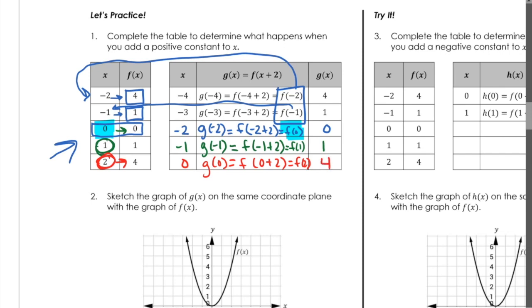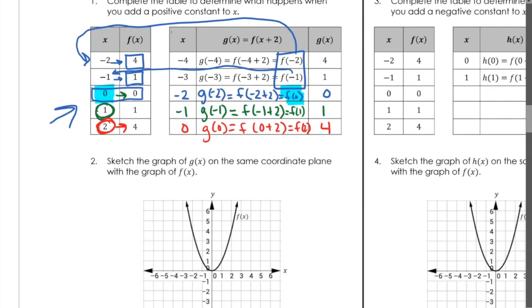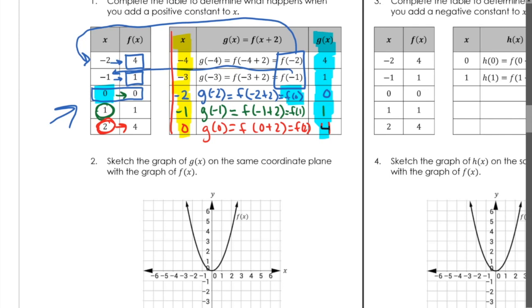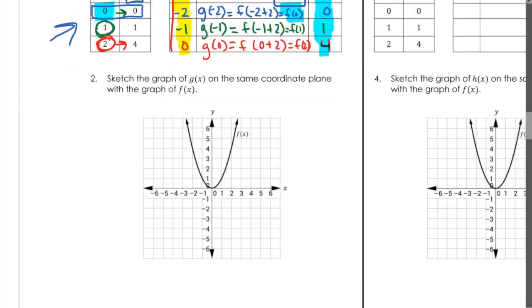So now I take my x values, which are these values right here. These values are all my x values. And then I grab my y values, which are all these over here, and I graph them. The first dot says -4 and 4. So -4 is right here, and I go up to 4, which is right here.